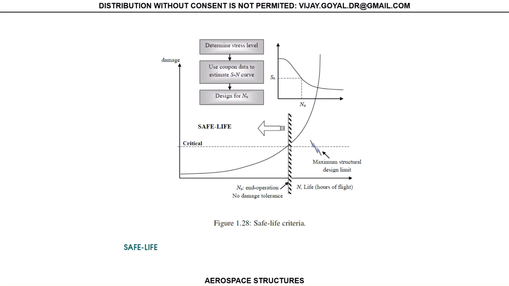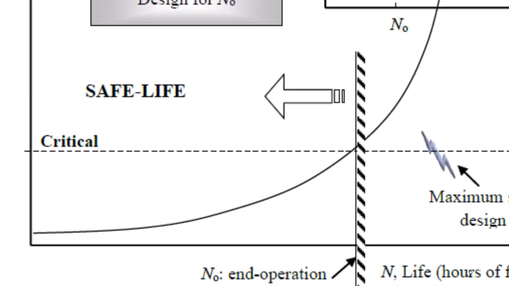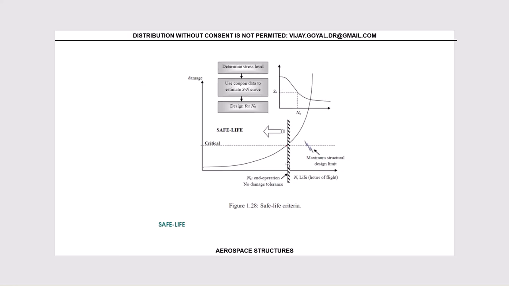Let me see if I can zoom this so you can really appreciate this. So when it hits this mark right here, it has not failed at all. Okay. So that's what we want to do. We want to make sure that there's a cutoff that you take into consideration, and you want to stay below the critical. And after that, you just dump the airplane. You don't need the airplane anymore.